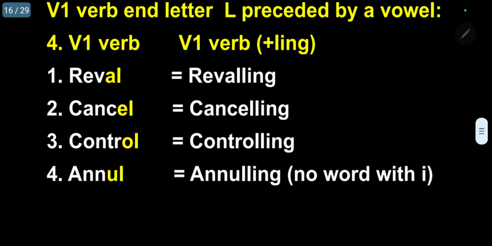Now the end letter is L. Kindly follow. Reveal, revealing, double L. Cancel, cancelling, double L. Control, controlling, double L. Annul, annulling, double L. From the Oxford Dictionary, I tried to find words with end letter L preceded by E. I could not find any, so I am not giving one here. Probably it may be available, but it's not available in the Oxford Dictionary.